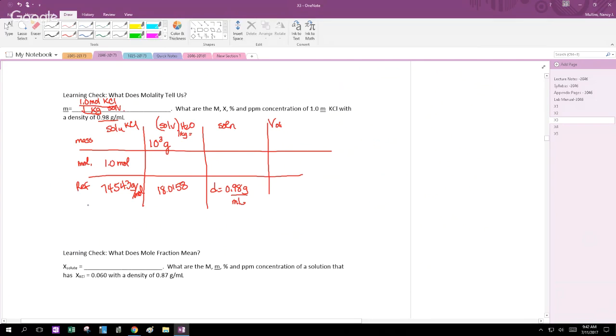So where can I go in one step? Sure, I can figure out the mass of the solute because it's the only thing I don't know in that column. I have 1 mole times 74.543 grams per mole.